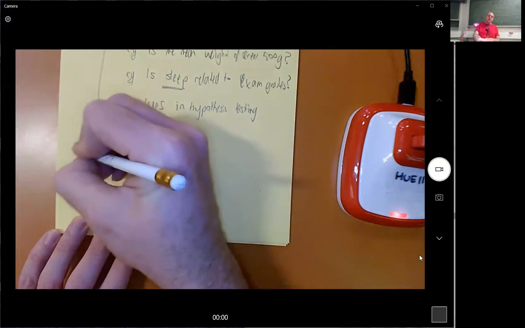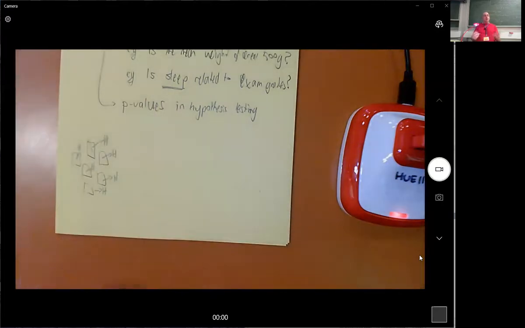That's a hash symbol for a number, by the way. Okay, and then you would think there's two options for what could happen. It could be 500 or it could be not 500. Or you could run your options differently. You might only really care if it's less than 500, because if it's more than 500, cool, my customers have the amount that I've said they have. And so your question is not now, is the mean weight 500, but is the mean weight at least 500 or less than 500?